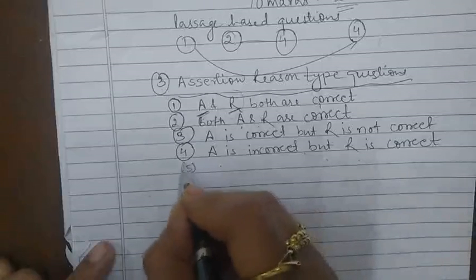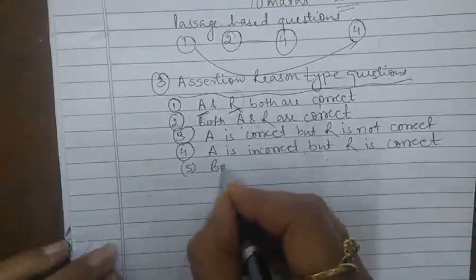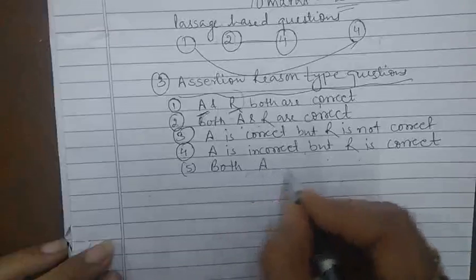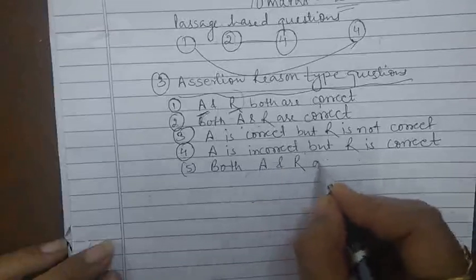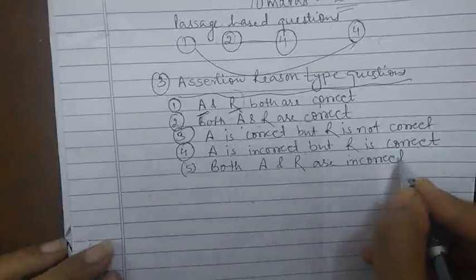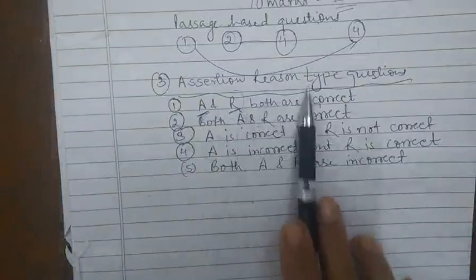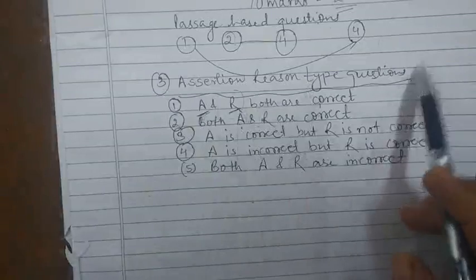And the fifth point is: both assertion and reason are incorrect. So these are the points related to the assertion reason type question.